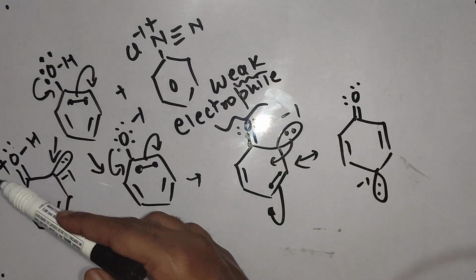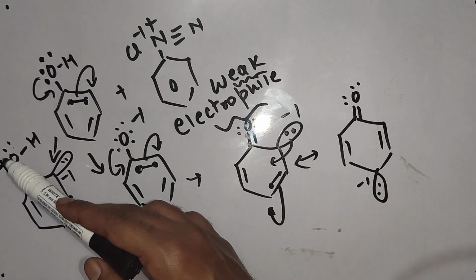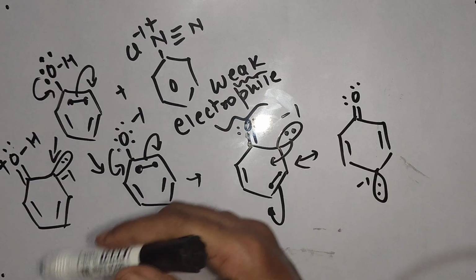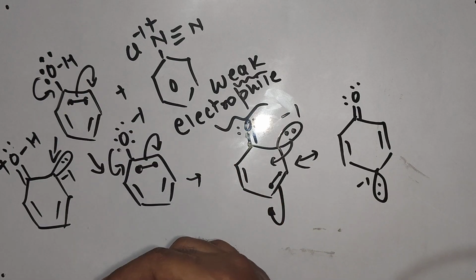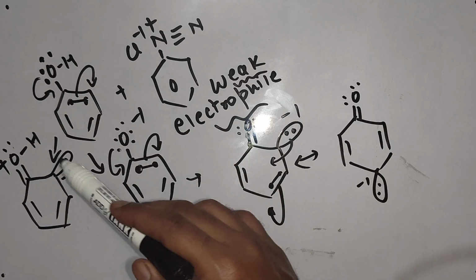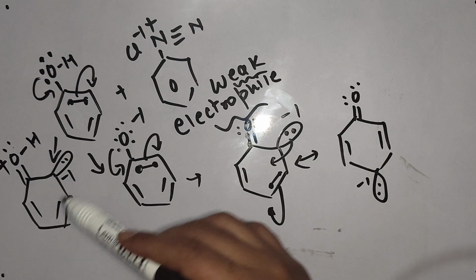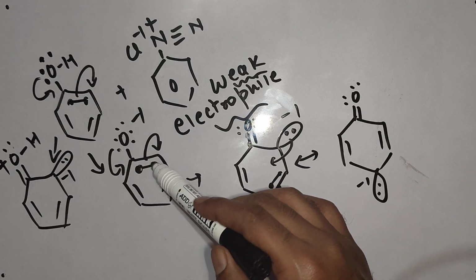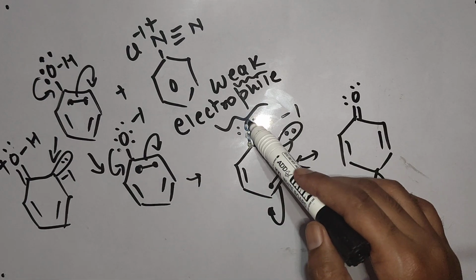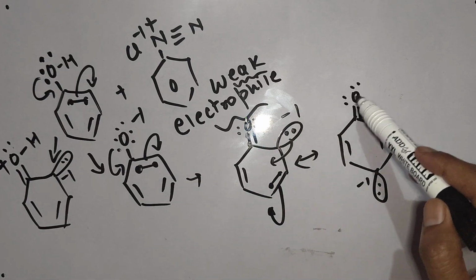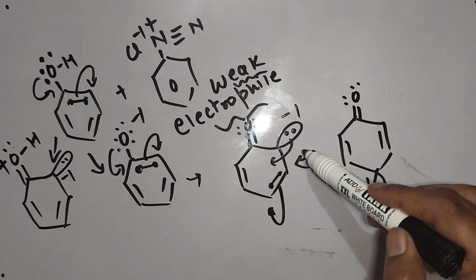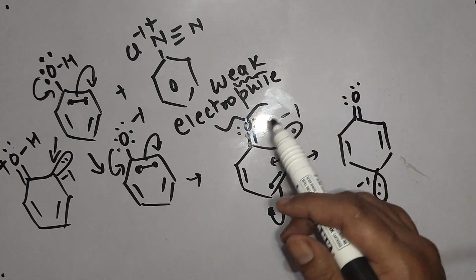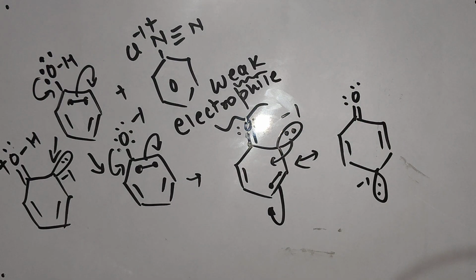So due to donation of electrons in the resonance, this oxygen is carrying a positive charge and getting unstable. That's why it will hesitate to show such resonance, and electron density will be less on the ortho and para positions. But you can check here, the phenoxide ion oxygen can deliver electrons easily, because after that delivery, this oxygen becomes neutral. So it does not have any problem delivering the electron. That's why the benzene ring is getting a high amount of electrons, and this benzene ring will be highly activated with electrons.